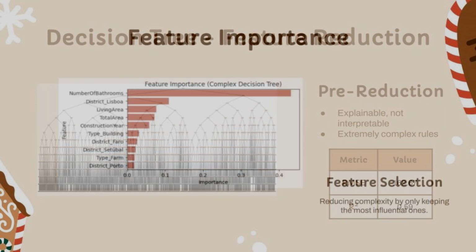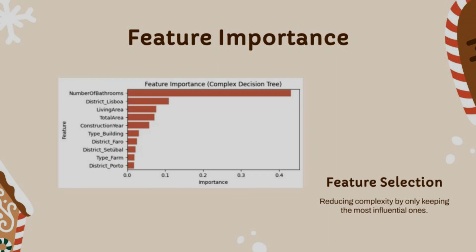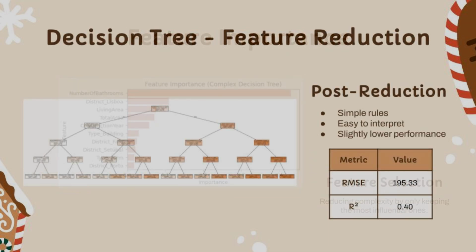So we decided to, through the feature importance, select only the top 5 most important features in order to create a sub-dataset with only those features and try to reduce the size of the decision tree. And through that, we made a 5-depth decision tree with a branch factor of 2. It has much simpler rules and it's much easier to interpret, but the overall performance slightly lowered.